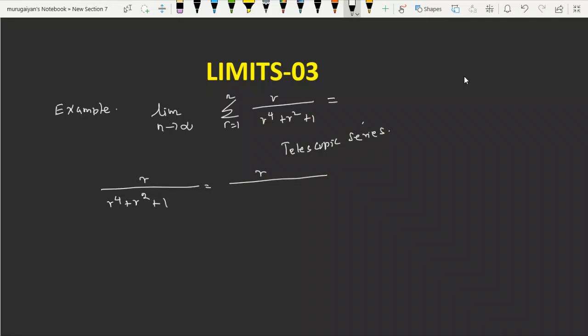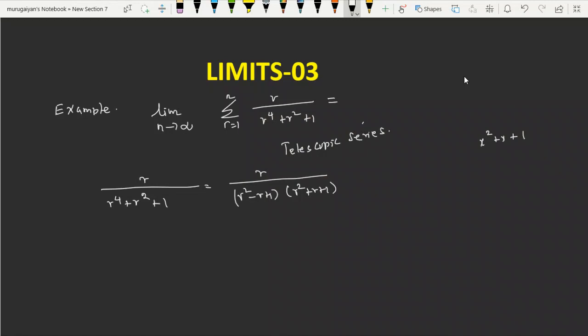This is like x square plus x plus 1. x square plus x plus 1 also can be factorized. Then r power 4 plus r square plus 1: what are the two factors? r square minus r plus 1 into r square plus r plus 1.